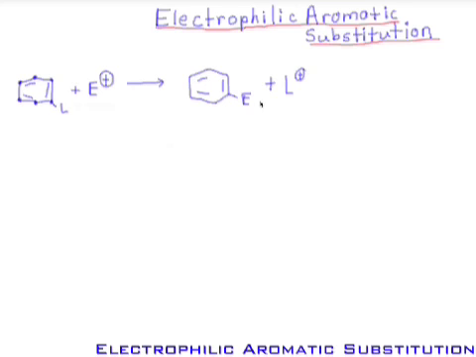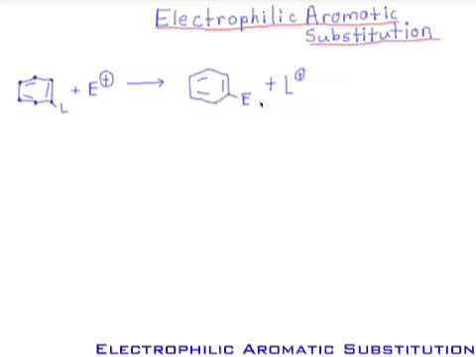Now, electrophilic aromatic substitution is one of the most important reactions in organic synthesis. The general mechanism requires formation of a powerful electrophile. The electrophile adds to the aromatic ring, producing an intermediate species in which the aromatic ring has been disrupted.